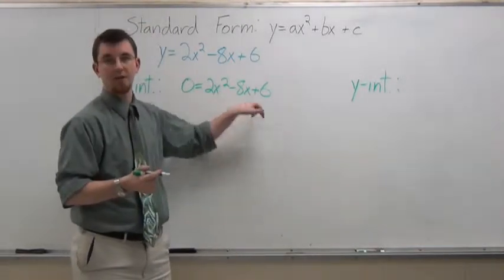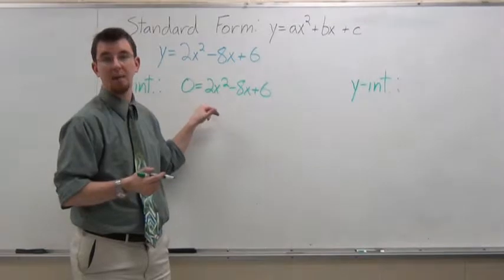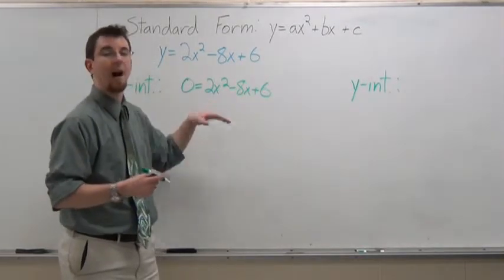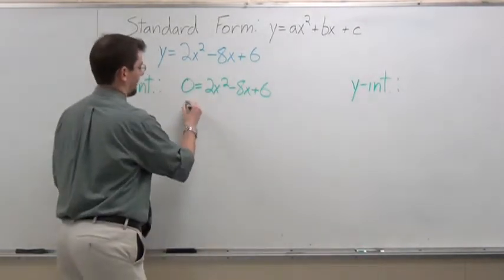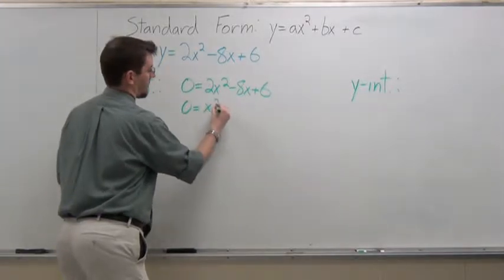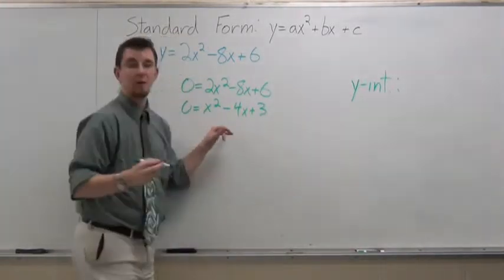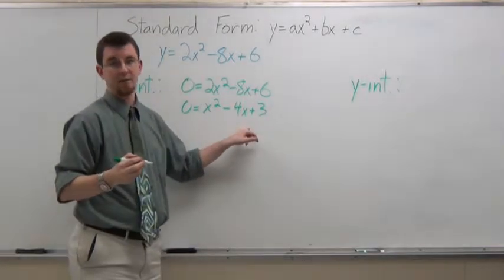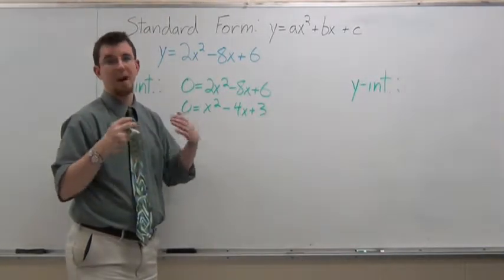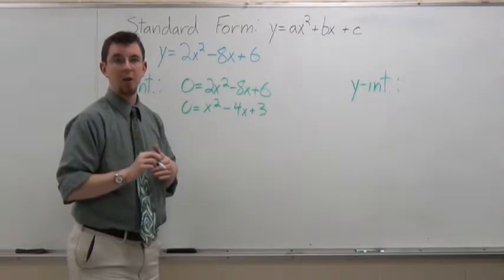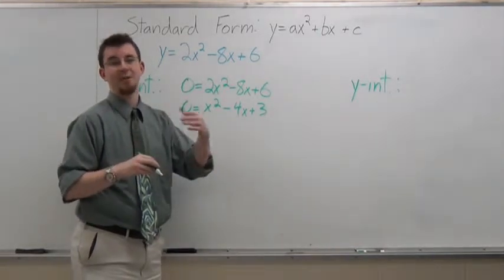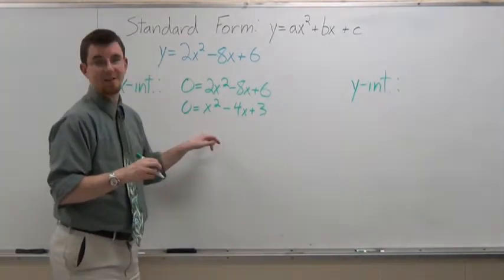Now, when I look at this, the first thing I see is that I've got a common factor of 2 that I can divide out from all of these. And I'm going to look and see, is there any way that I can factor this? Factoring is, in my opinion, the best way to start. Make sure you're not doing some tedious work with the quadratic formula. And in this case, I can.